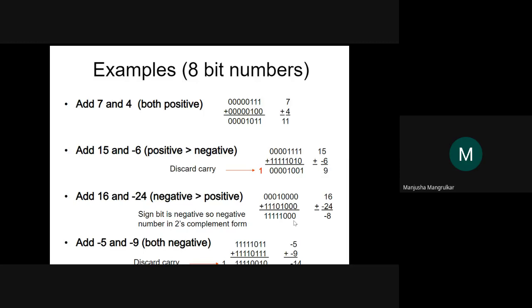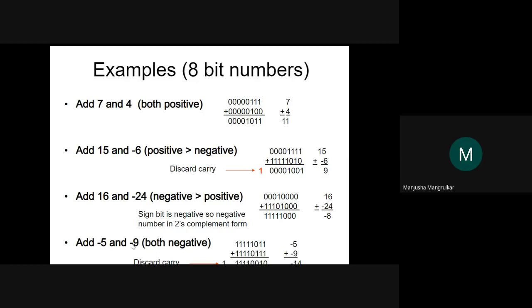Same as minus 5 and minus 9. What will we do? For minus 5, first 5 is converted into 2's complement, right? That is minus 5. 9 is also converted into 2's complement, that is minus 9. So the 2's complement of 5 is added with the 2's complement of 9.